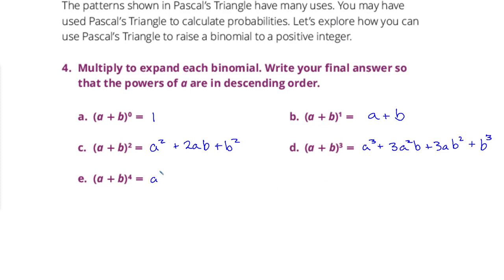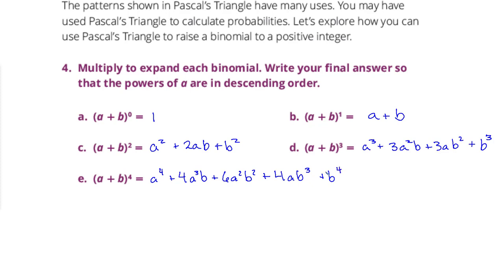And this one is a to the 4th power plus 4a cubed b plus 6a squared b squared plus 4ab cubed plus b to the 4th.